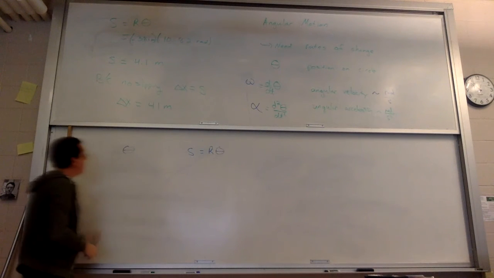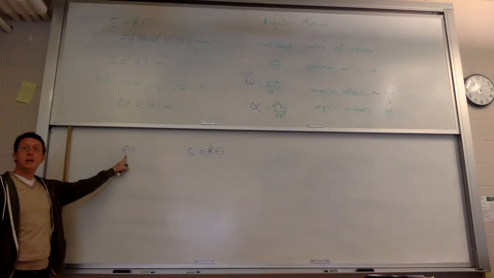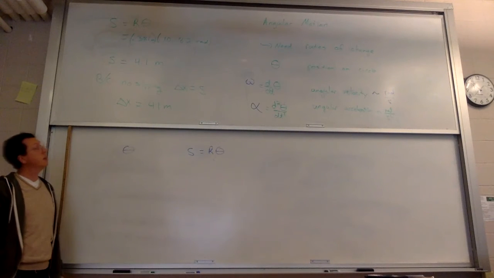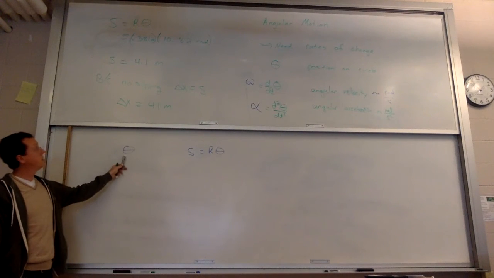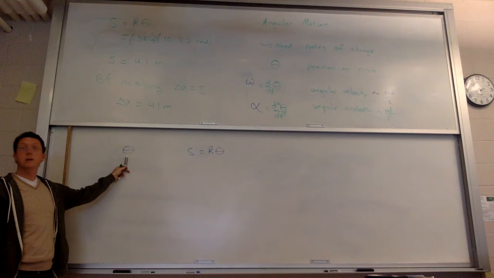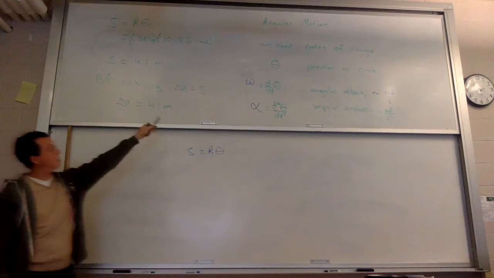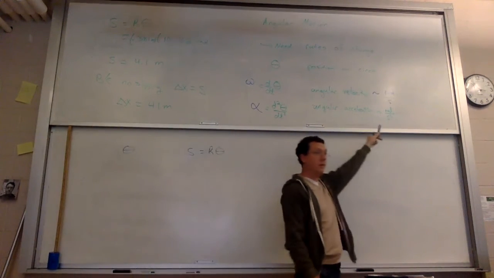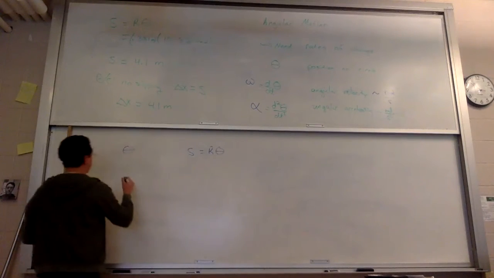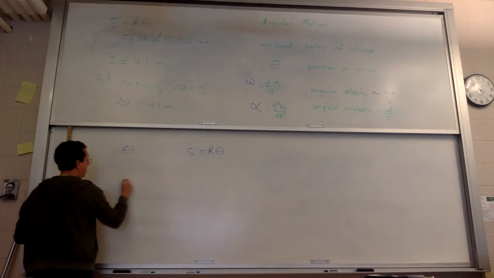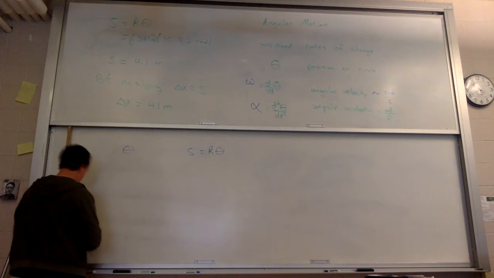Now, if you take a time derivative on theta, what do you get? What's the rate of change of theta? Omega, or the angular velocity. So I can write omega here.